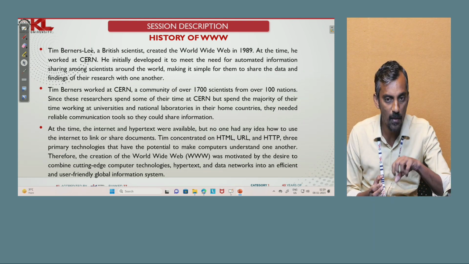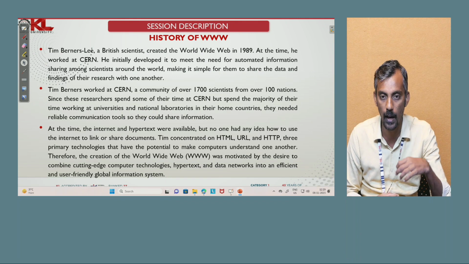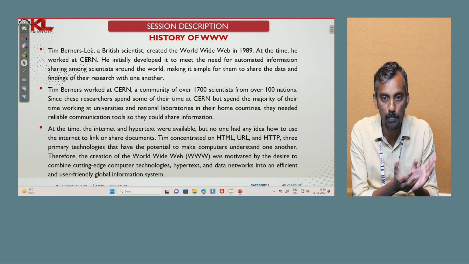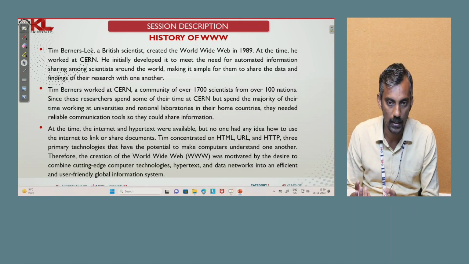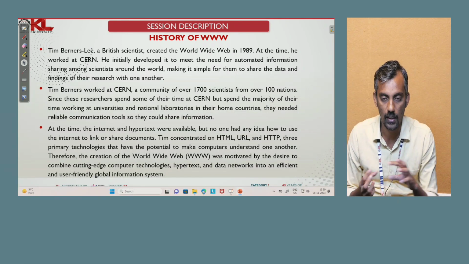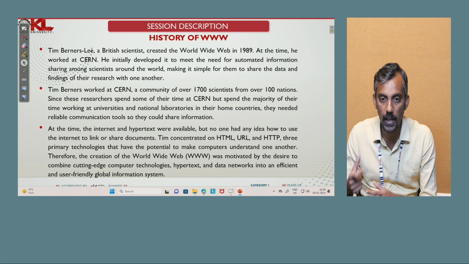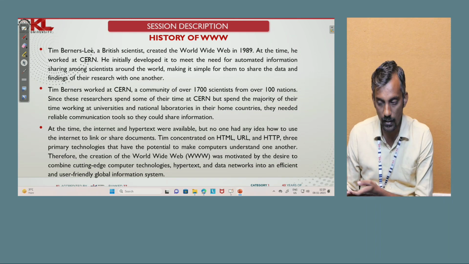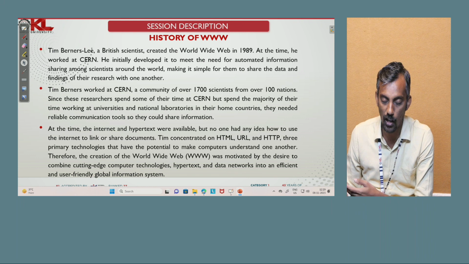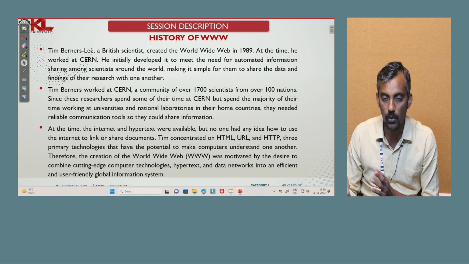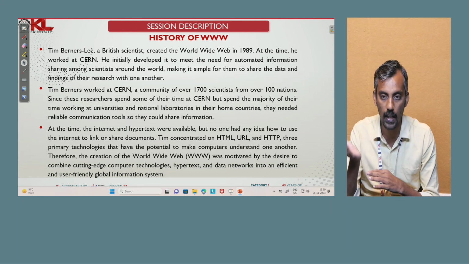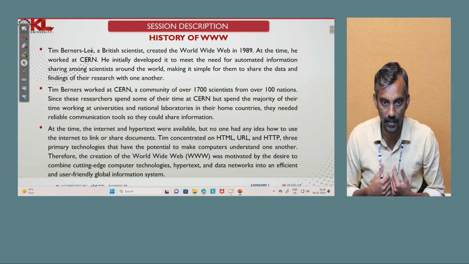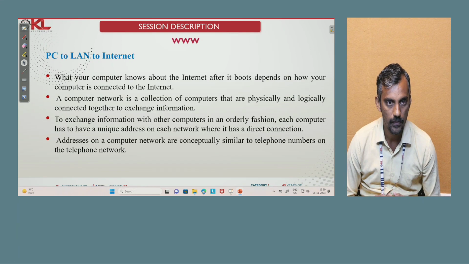HTML is the Hypertext Markup Language, used for creating web pages. URL, the Uniform Resource Locator, is the web page address for a particular website. And HTTP, the Hypertext Transfer Protocol, is used to interact between web browsers and web servers.